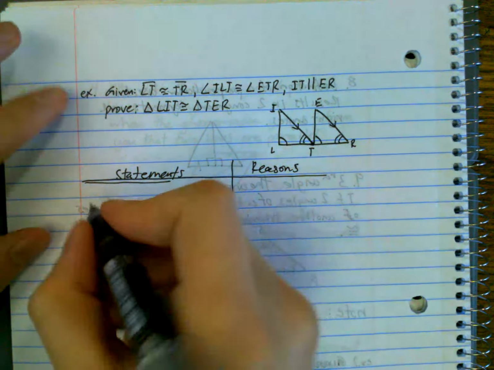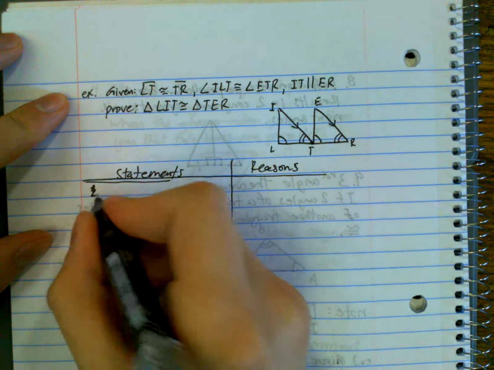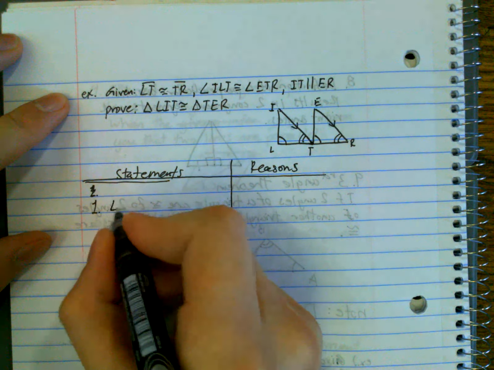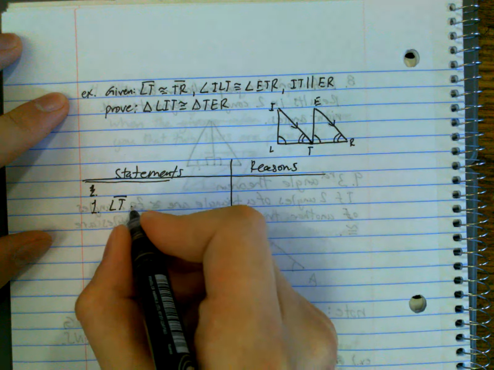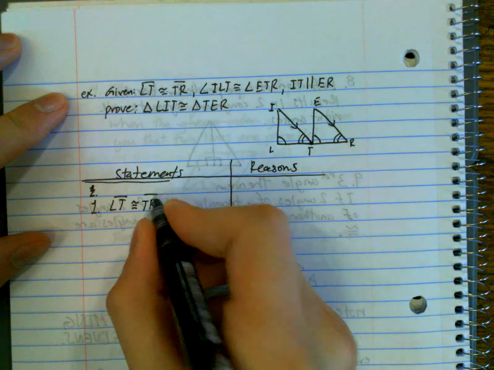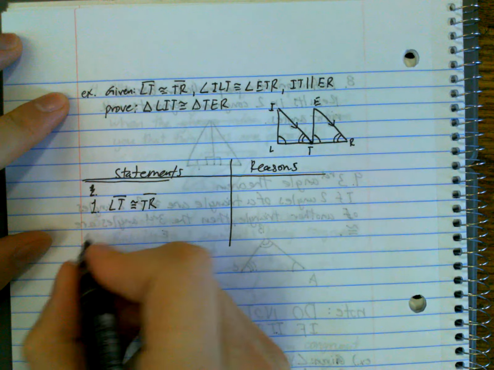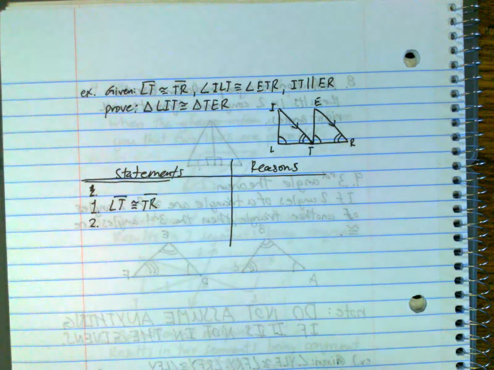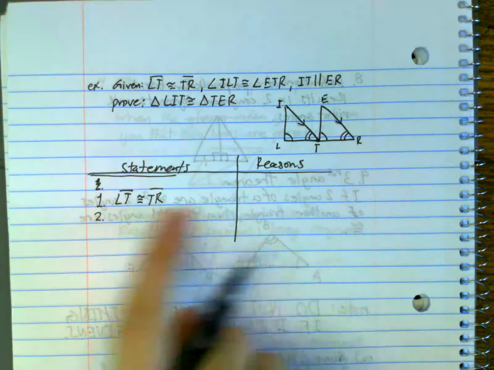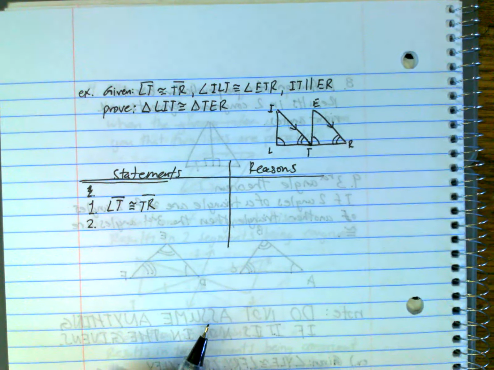And our reasons. Okay? Number one, I'm going to skip a line because I've got a demented line there. Number one, LT is congruent to TR. I'm going to write down all my givens. If you want to write all your givens in one line, that's fine too. You can just rewrite the entire given statement and then put given next to that, perfectly fine.